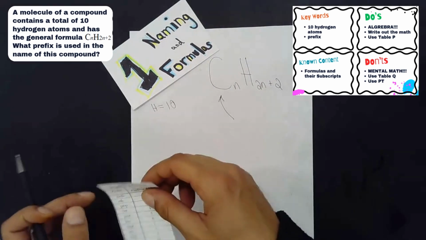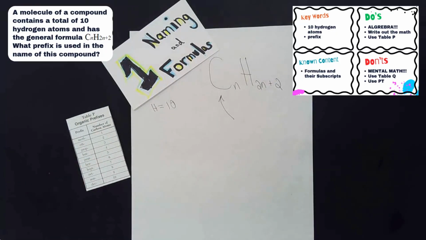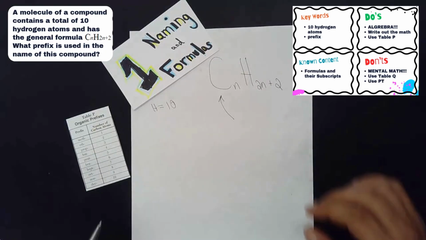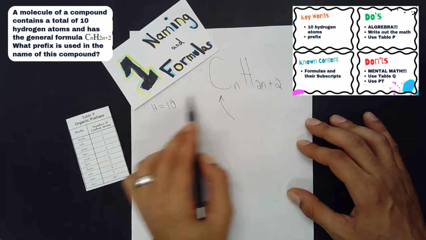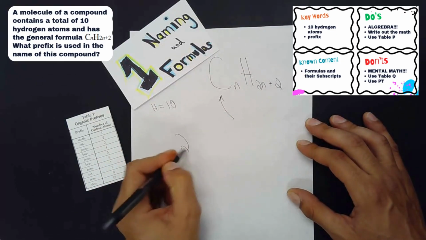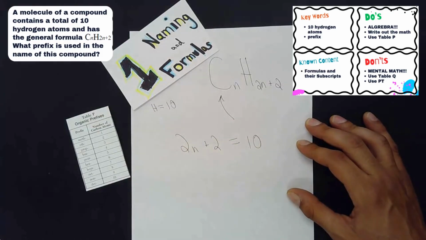Our prefix table that we're going to need to use is this, and again, that is the number of carbons. So let's see what we do. H is equal to 10 and 2n+2 is H. So I can do 2n+2 is equal to 10 and solve for n.